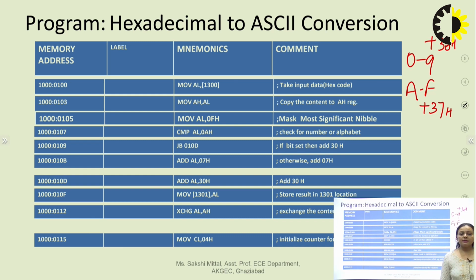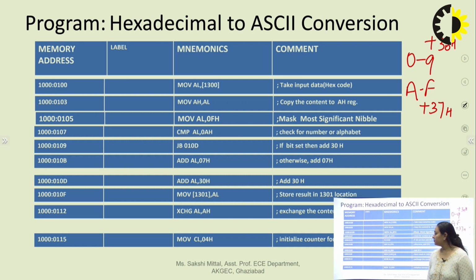Why we have to add this: 30 to 39 is the ASCII range for the numbers 0 to 9. Then from 41 onwards, you have got the ASCII codes for the alphabet. And in between, like 3A, 3B, 3C till 40, they are the ASCII values for the special characters.